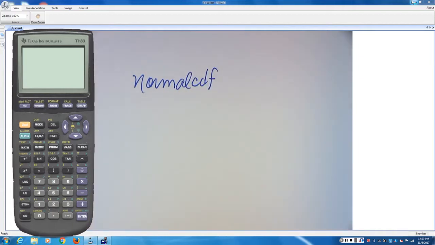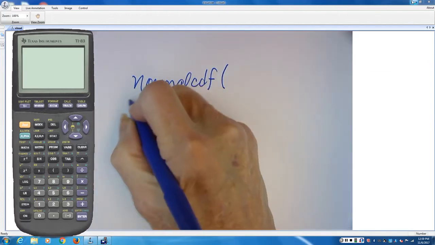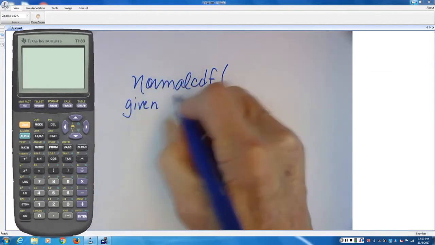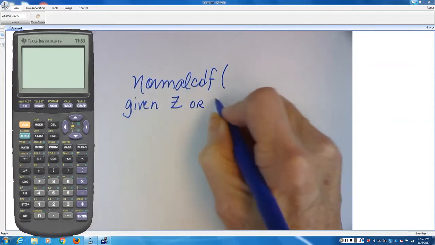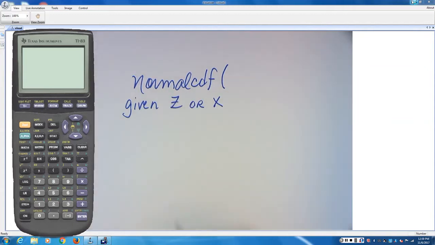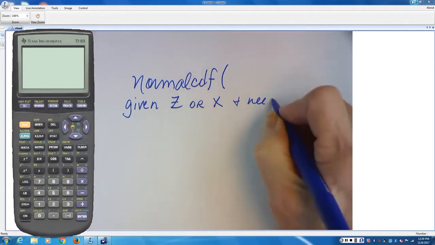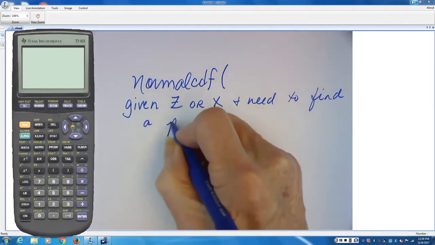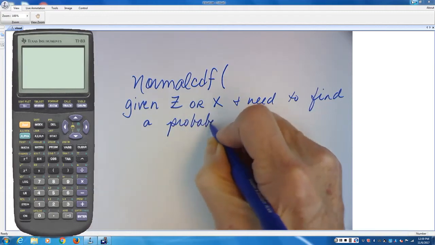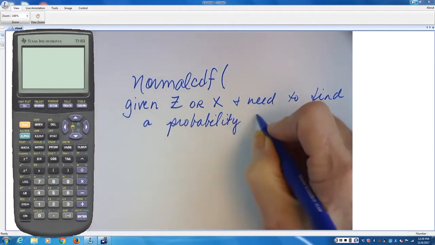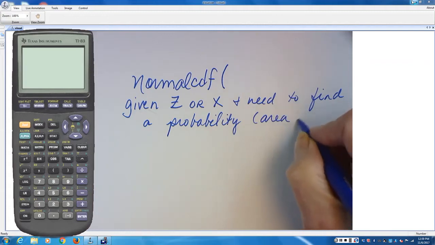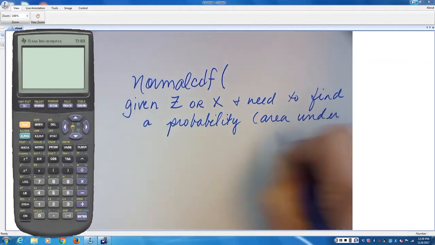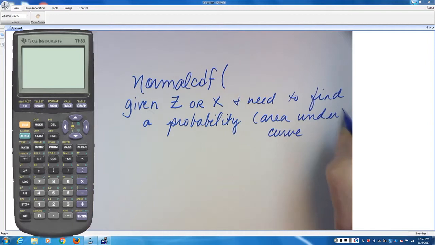So just to bring that back, normal CDF is used when you are given Z or X and you need to find the area under the curve or a probability.